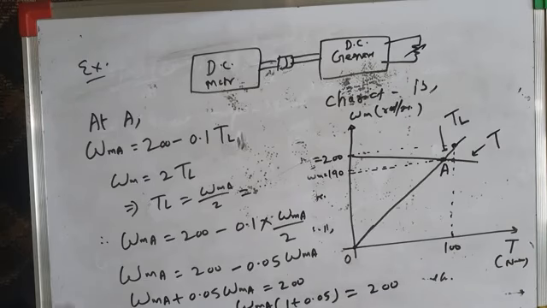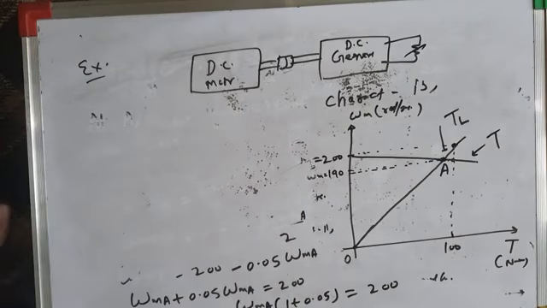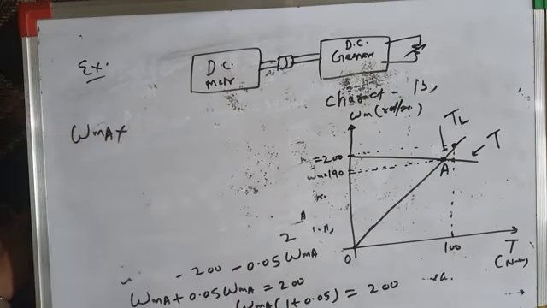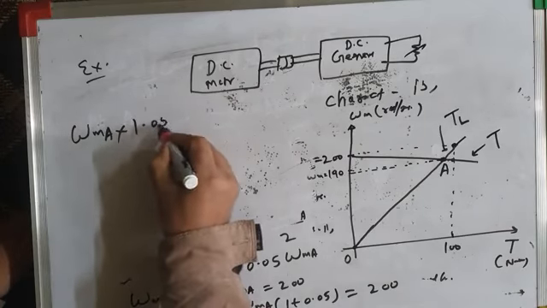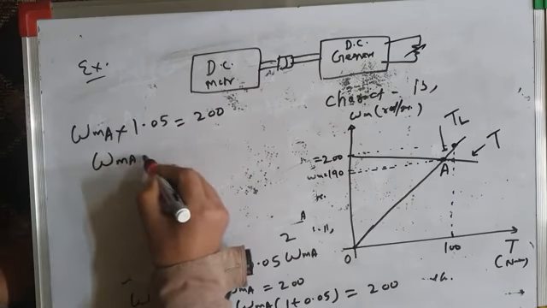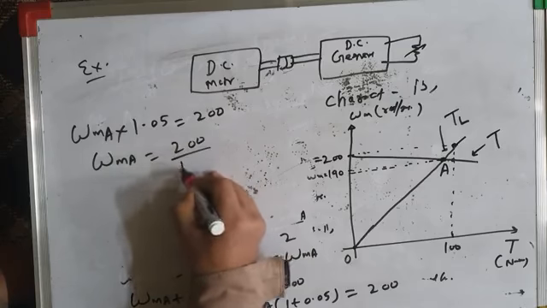So omega m A into 1.05 is equal to 200. From this, the speed at operating point A is 200 divided by 1.05.